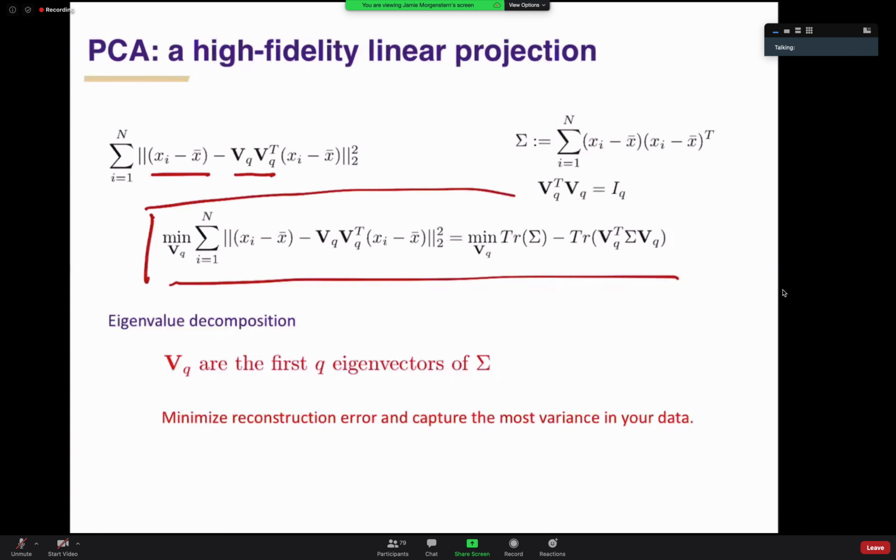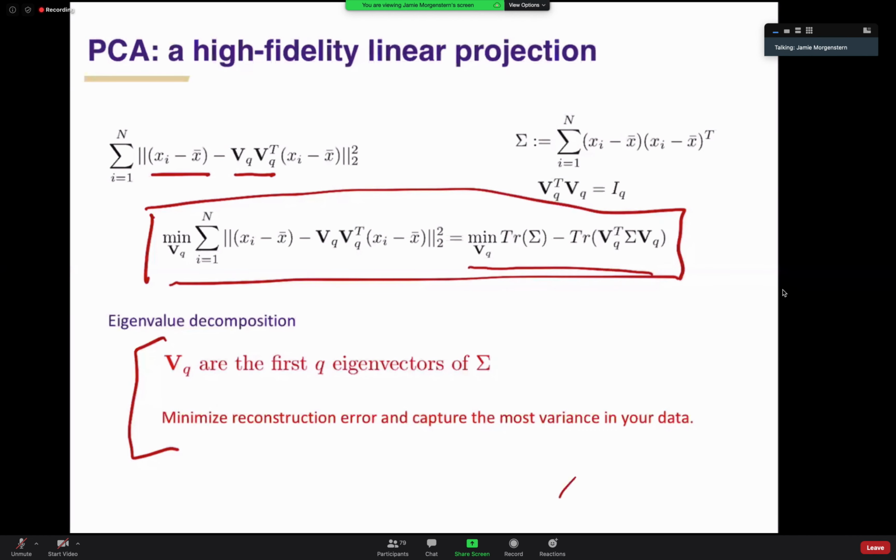These two, via some simple linear algebra, are equivalent. And if you do some analysis on this second term, you'll notice the way to minimize this quantity, trace of sigma minus trace VQ transpose sigma VQ, is to use the top Q eigenvectors of your covariance matrix as VQ.